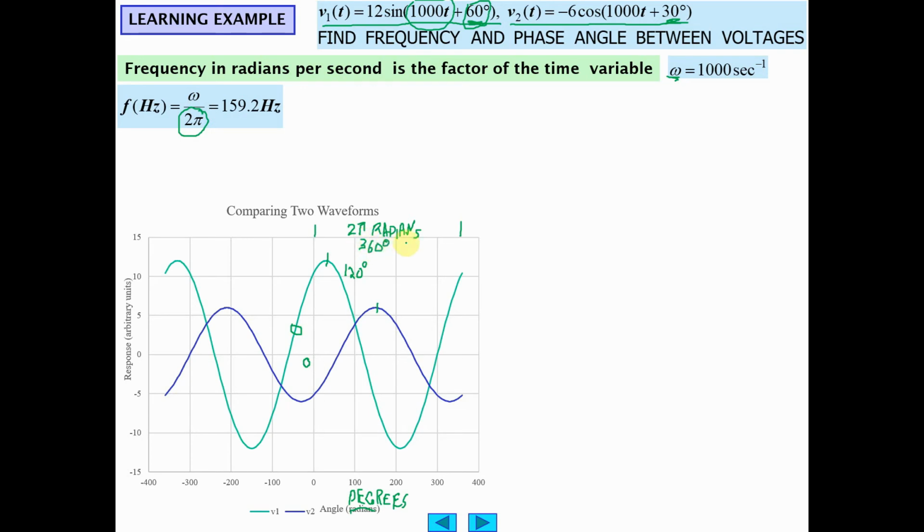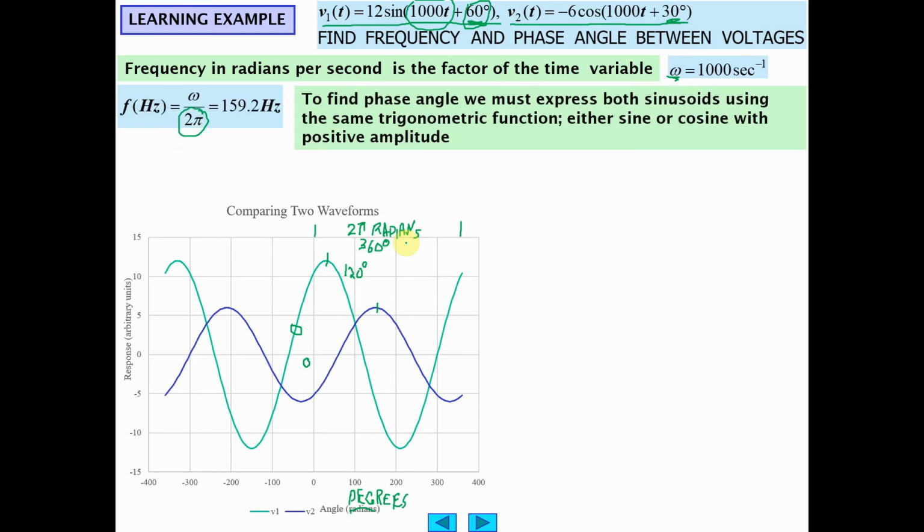Okay. Moving on, to look at this thing mathematically. Now I've already done it by drawing a picture right here. We want to do it mathematically now. We have to express both as positive sine or positive cosine.